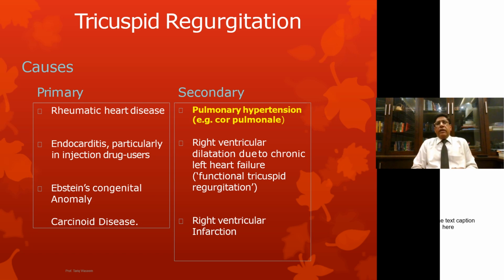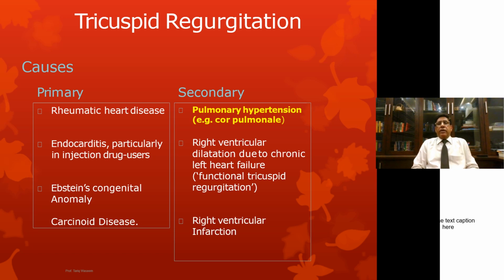But more likely, you have secondary causes of tricuspid regurgitation, and as we have shown in very bold letters, pulmonary hypertension or cor pulmonale, or pulmonary hypertension secondary to lung diseases, or COPD. This is a more common cause.